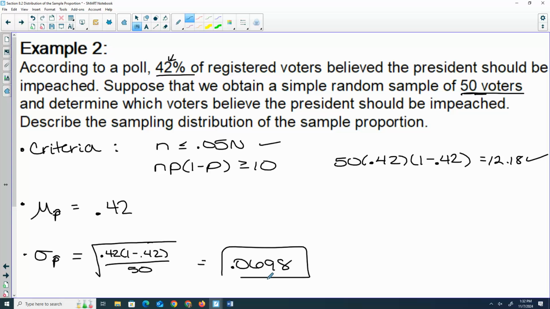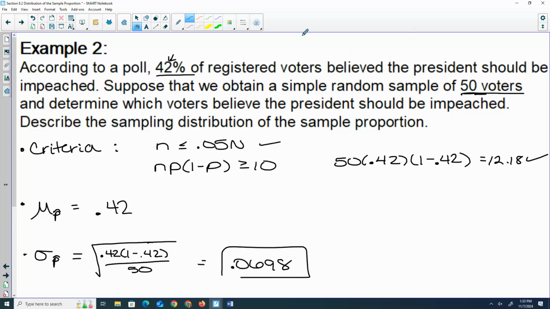So our standard deviation is 0.0698. Any questions there?